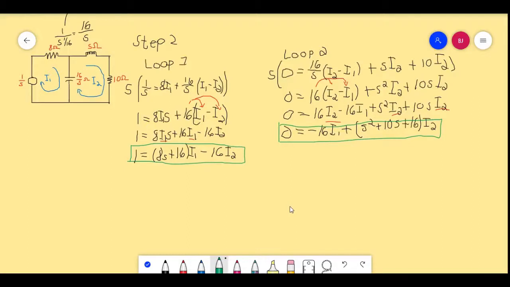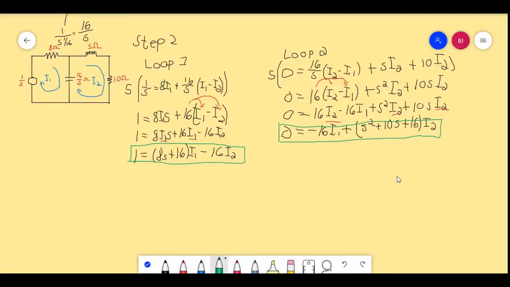So we used elimination from last time. So this time around, we'll be using substitution. So we'll get I1 from one of these values here. Okay. And then we will substitute it on the left-hand side. Or we could use I2 and then substitute it on the other side. And that would be our next step.